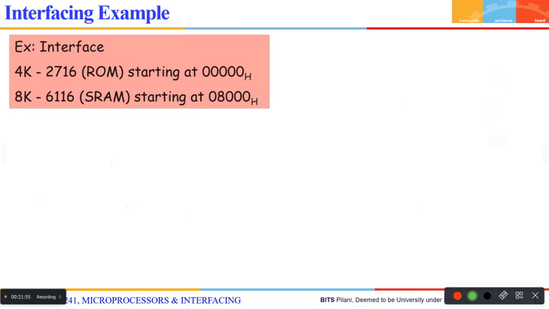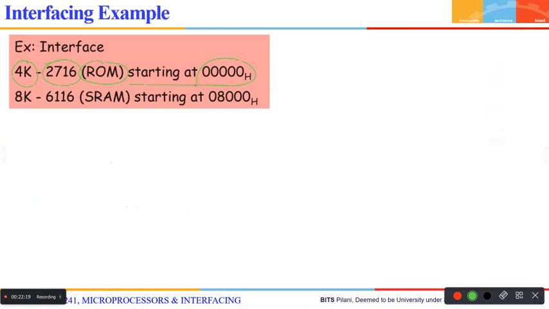You have to interface 4K of memory, the chip number is 2716, which is a ROM starting from the address 0000H.